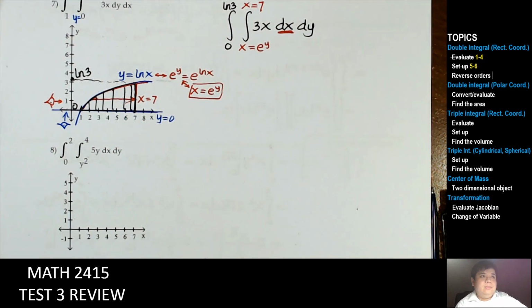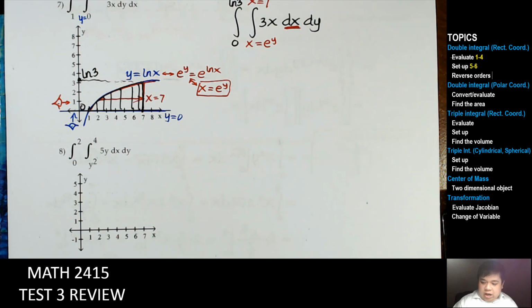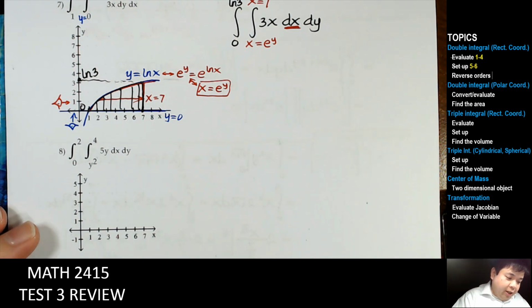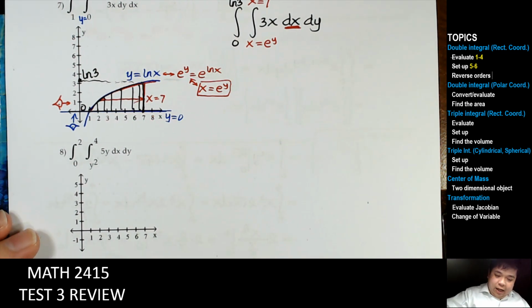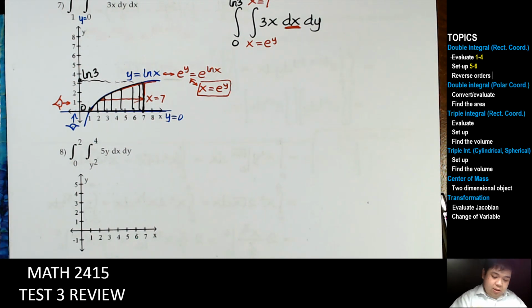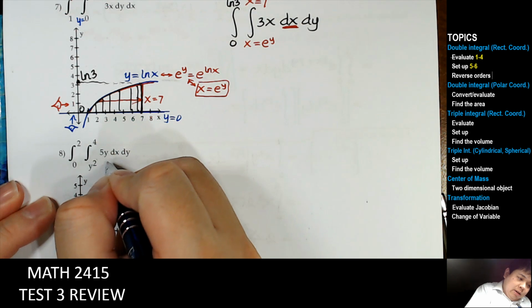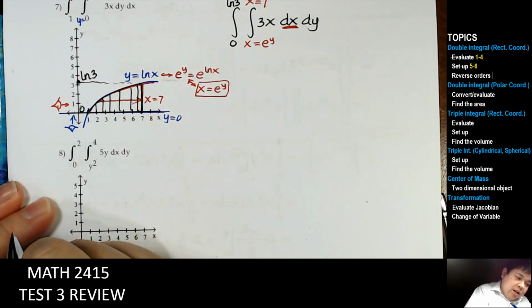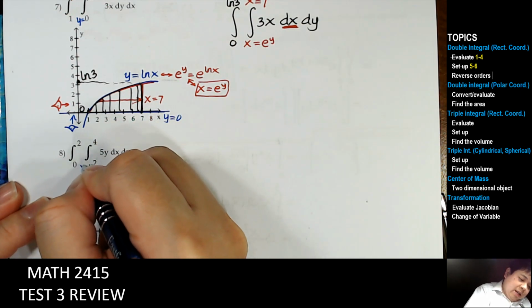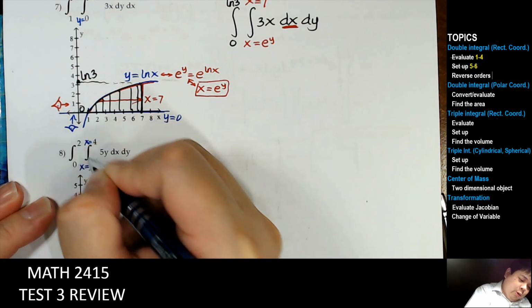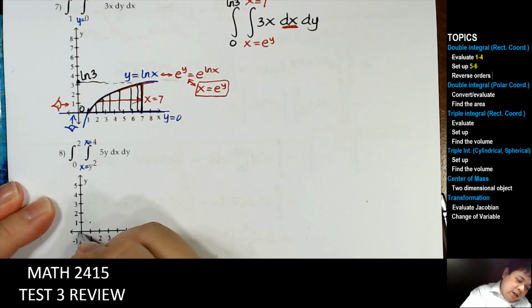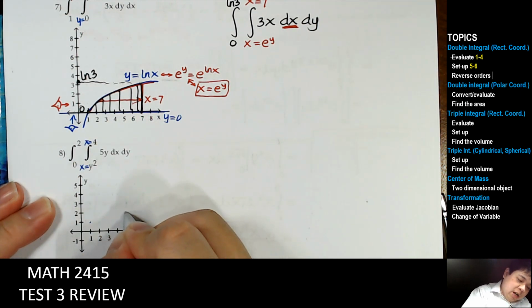Right. On this one, I just wrote a sketch real quick. Inside function is x. We have dx inside. So this will have x equal to y squared and x equal to 4. X equal to y squared is the parabola open sideways.